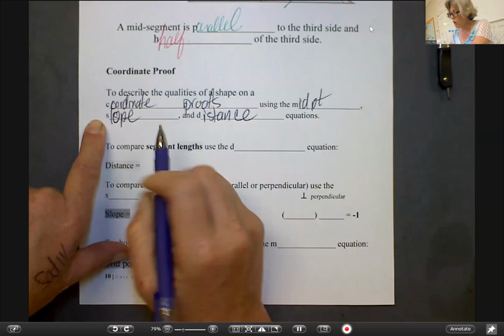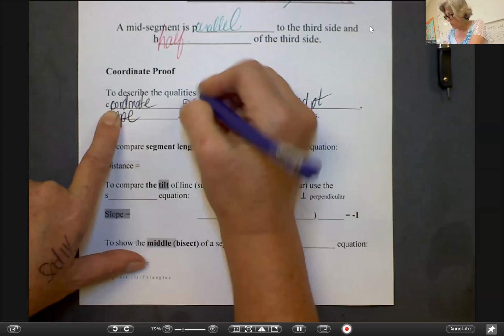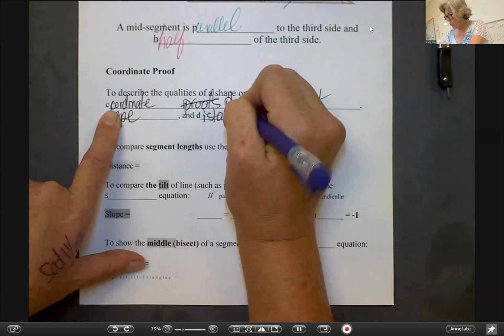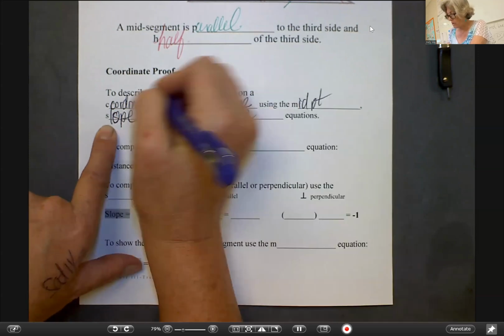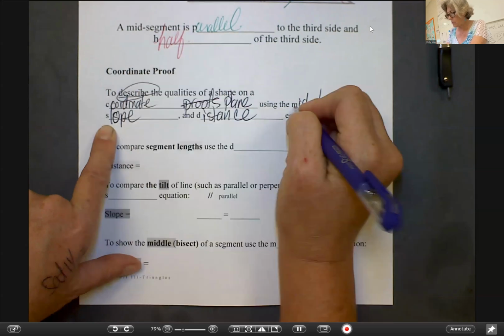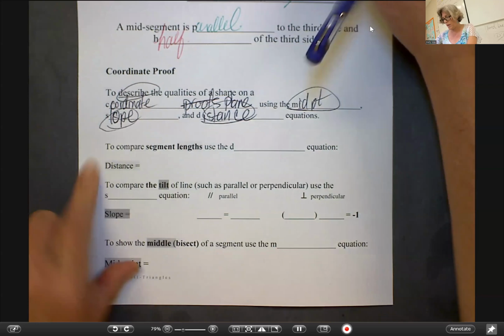So coordinate proofs describe the qualities of shape on a coordinate plane using midpoint, slope, and distance. So we describe using midpoint, slope, and distance. We're going to do a quick example of what that is.